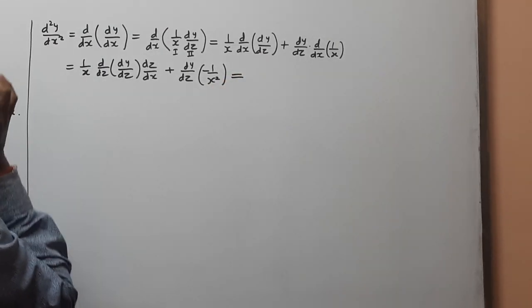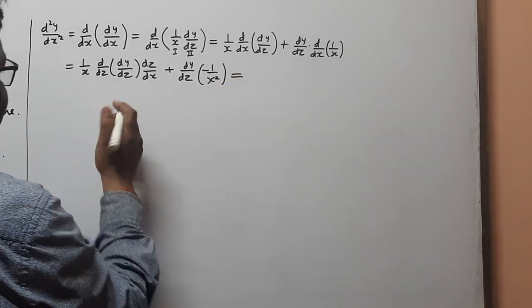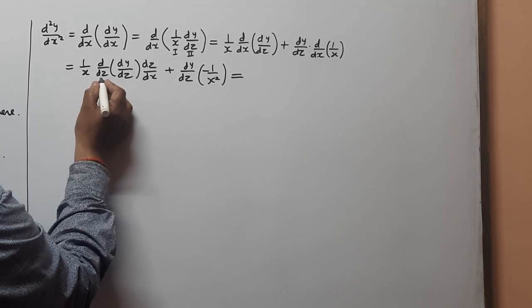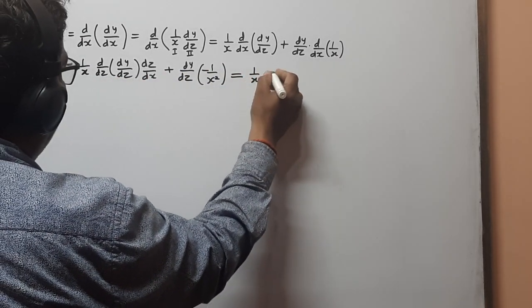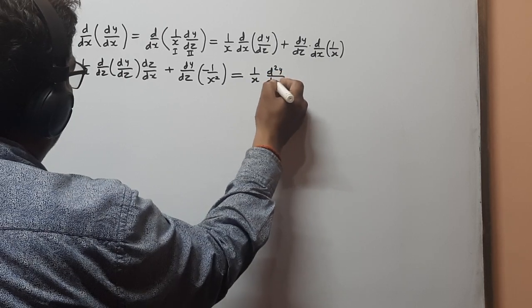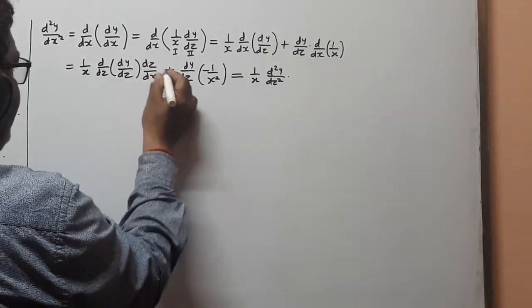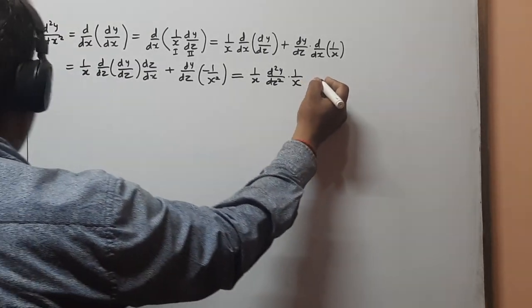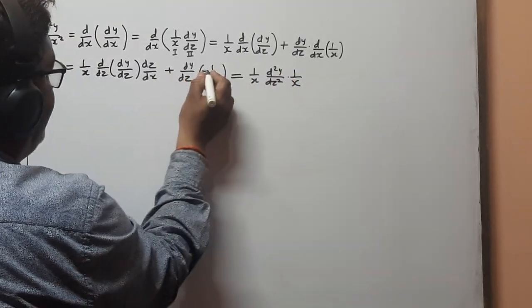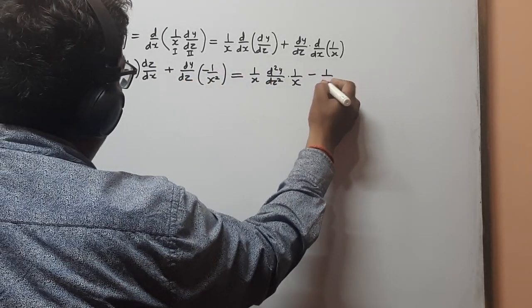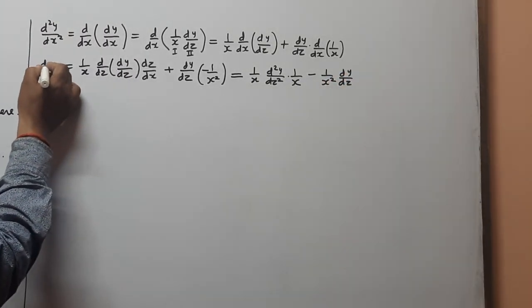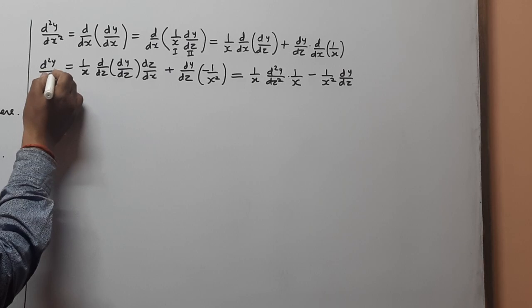So this can be also written as, here dy by dz differentiated with respect to z, we get d2y by dz2, and dz upon dx is equal to 1 upon x, you know that, and this plus, multiplied by minus, we get 1 upon x square times dy by dz, and this is equal to d2y by dx2.